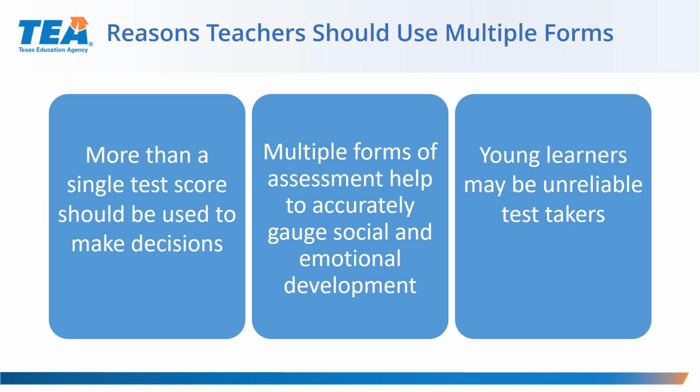And so we want to make sure that we didn't catch them on their off day, and then plan instruction based off of their off day, and then our instruction not meet their needs over the course of the following few weeks. So measuring children's development and learning, not only with multiple forms, but at multiple times, helps us to gain that more accurate picture.